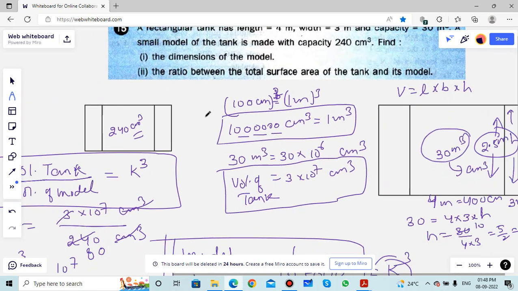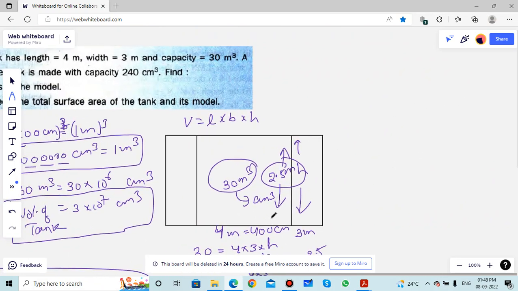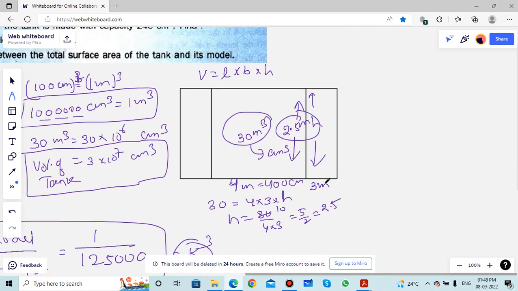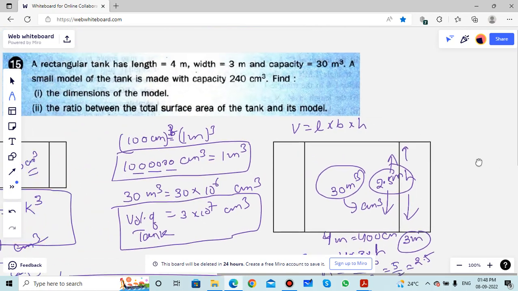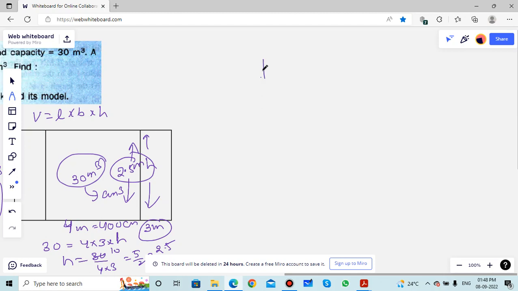Then how to find the breadth here? So I'm doing the breadth the other side. Breadth of this one is how much? 3 meter, means 300 centimeter. So we'll say breadth of the model upon breadth of the actual one, which is the tank, should be equal to 1 upon 50.